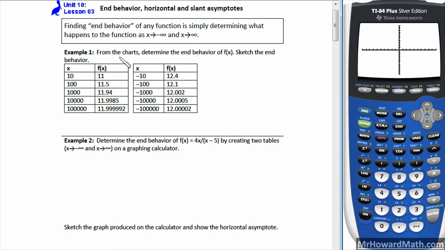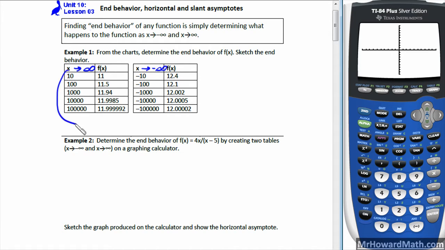So example 1, from the charts, determine the end behavior of f of x and sketch the end behavior on graphs. Okay, so this is where x approaches positive infinity. I'm going to write the little approaches arrow, positive infinity, and over here it approaches negative infinity.